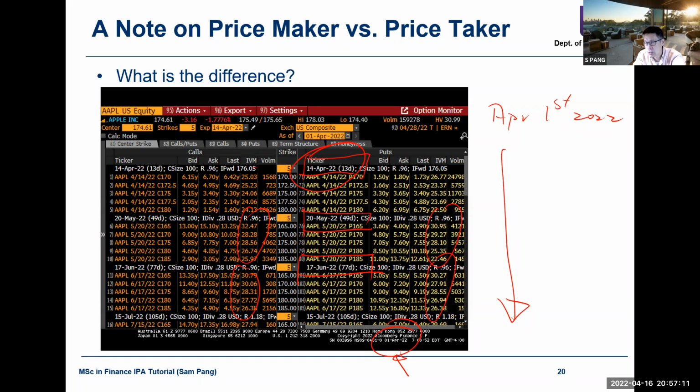For a stock that is so actively traded like Apple, I think there are options maturing every single week. That is why I really like that market, because there's so much to play around with. Now I'm going to go over here and show you this.